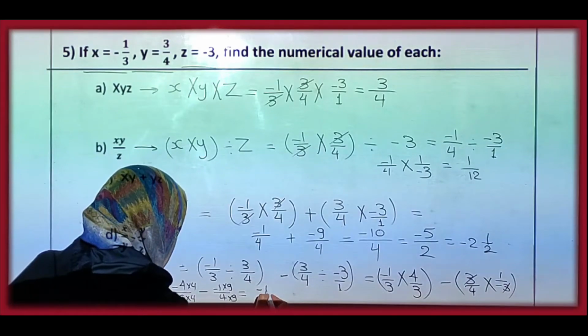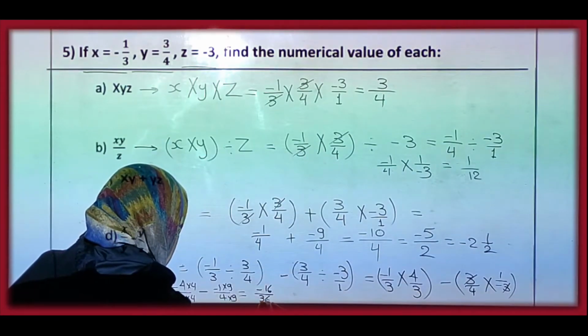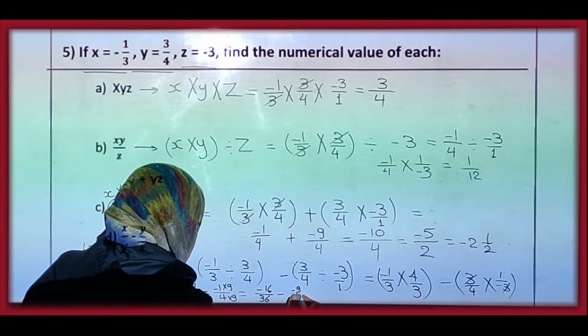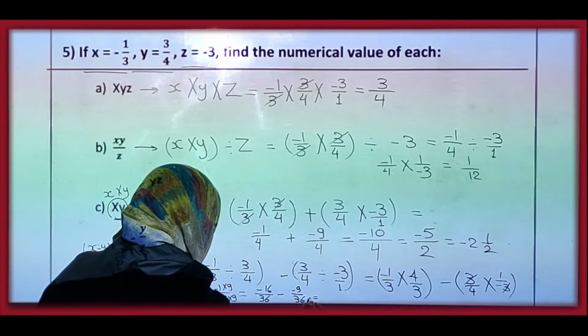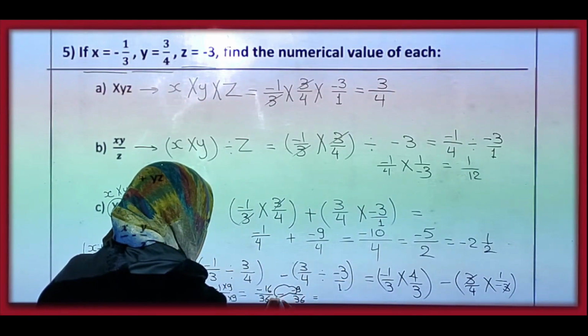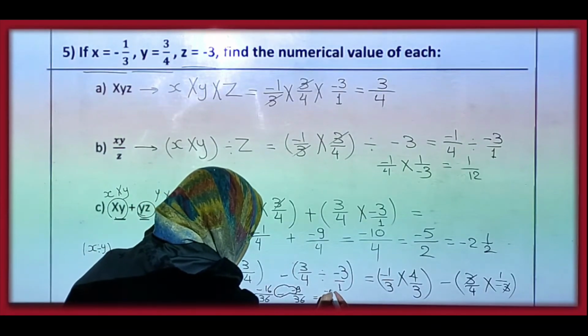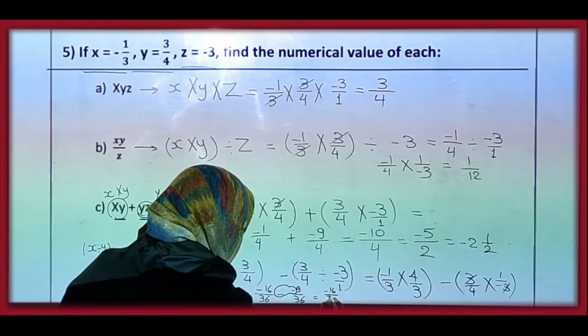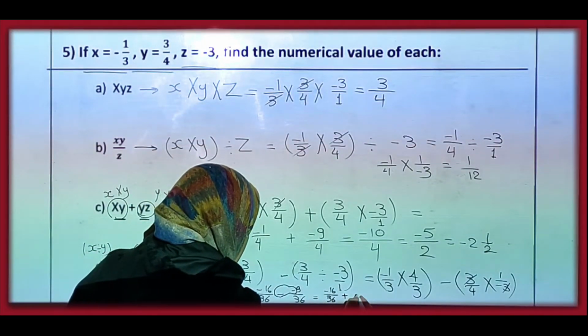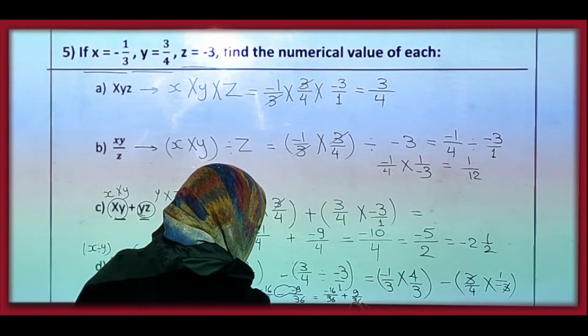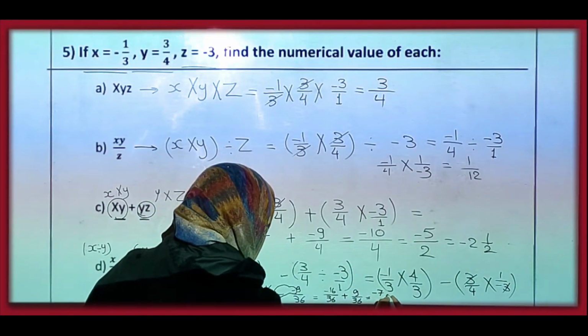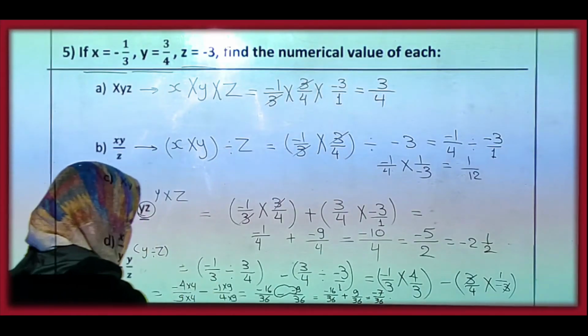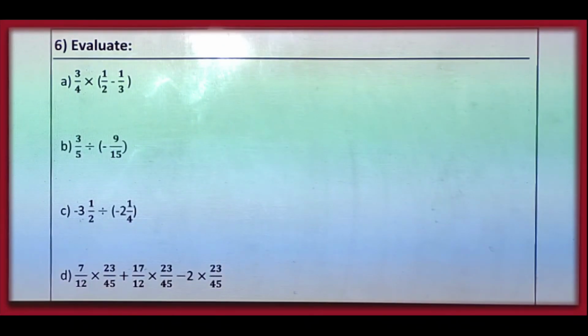We get negative 16 over 36 minus negative 9 over 36. Minus negative means multiplying, converted into plus. Negative 16 over 36 plus 9 over 36 equals negative 7 over 36. It's the simplest form.